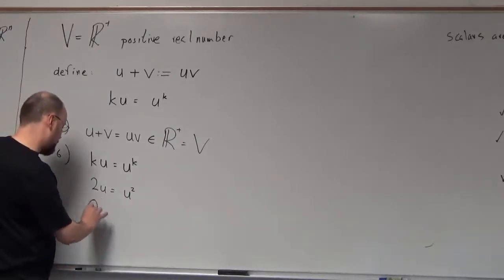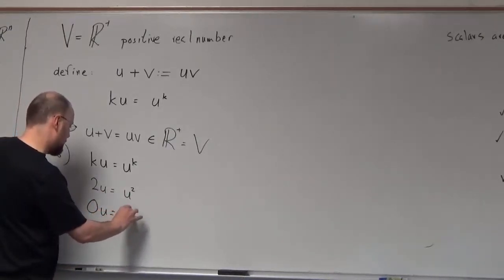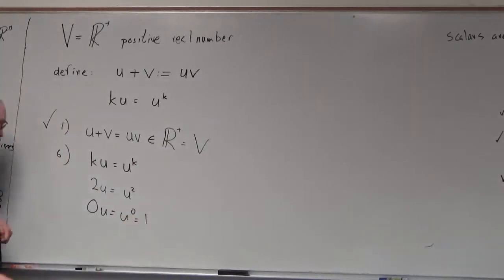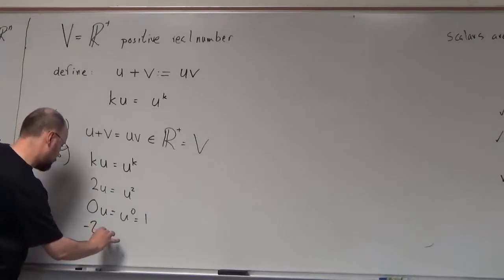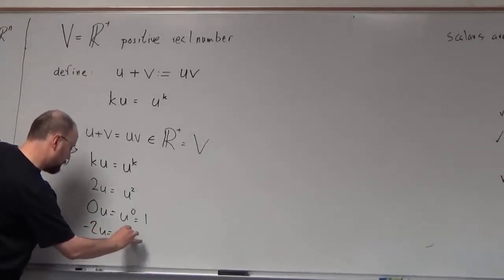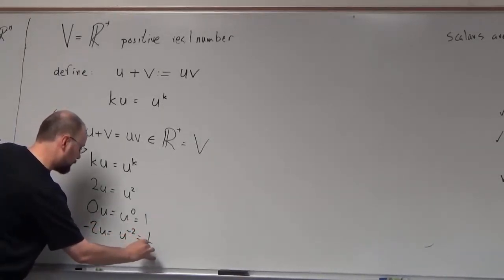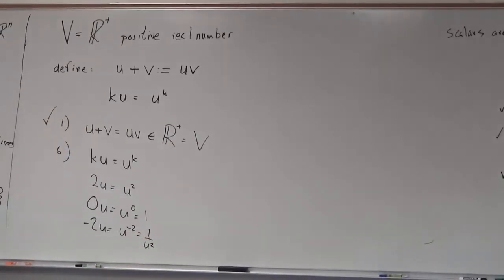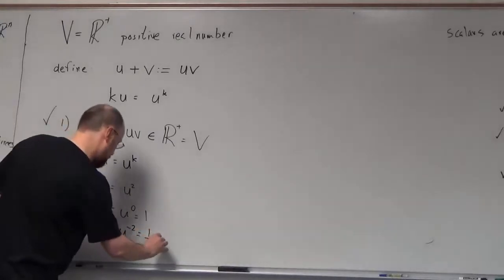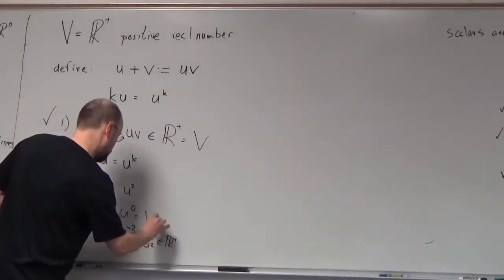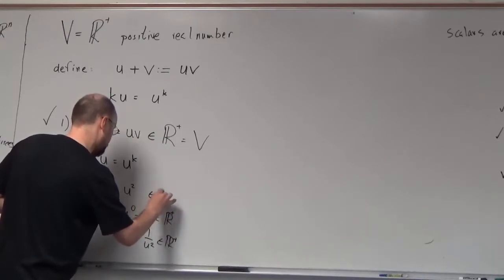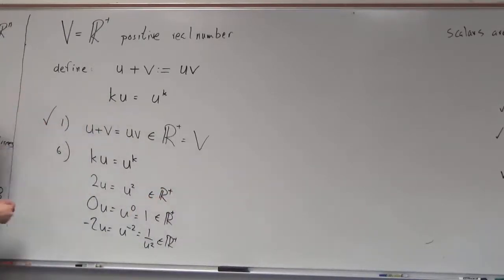Even if you scale by the number 0, that's u to the 0, which gives you 1. It's positive. And if you scale by negative 2, it's really u to the negative 2, but that's just the reciprocal of a positive number squared, so it's still positive. So these are all positive numbers. So we have closure under scaling.